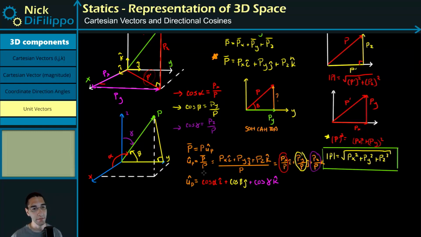And what's actually really cool is if I square both sides. This is just a unit vector. It has 1 in the x, y, and z. So if I take the magnitude of this, this becomes a 1. This becomes cosine squared alpha plus cosine squared beta plus cosine squared gamma.